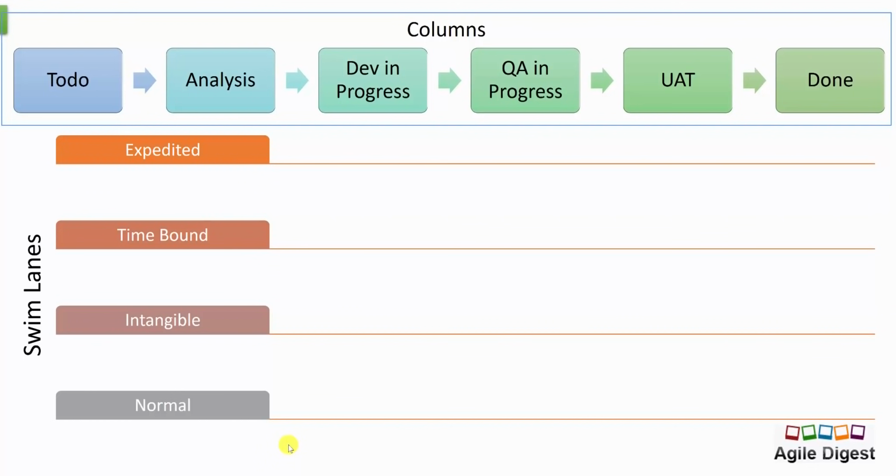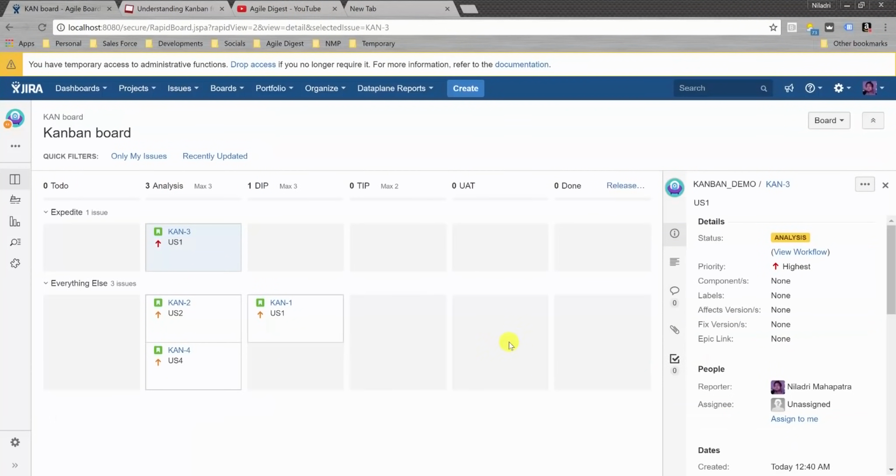So this is something else. To implement that, if you really need it, you need to have a custom field. So in Jira, we'll be creating one custom field for this particular screen, and we'll see how that works to make these strategic swim lanes.